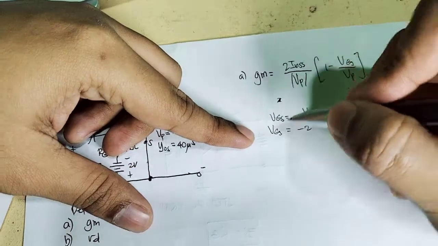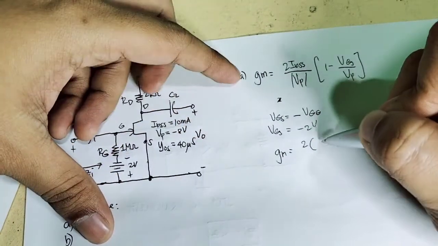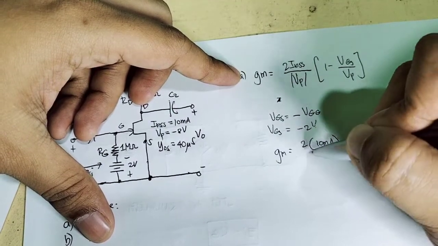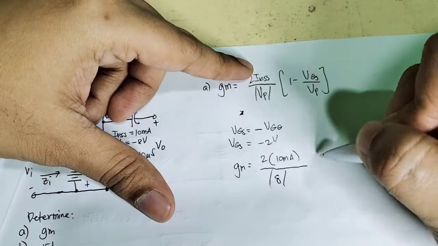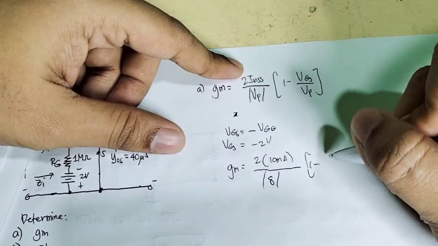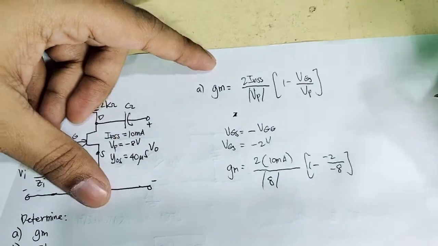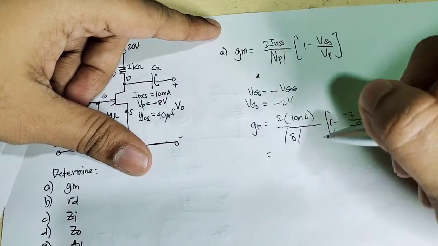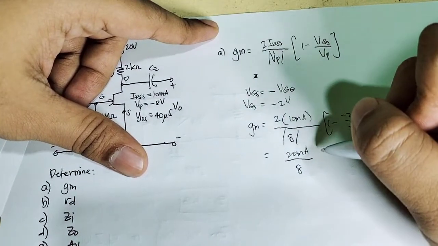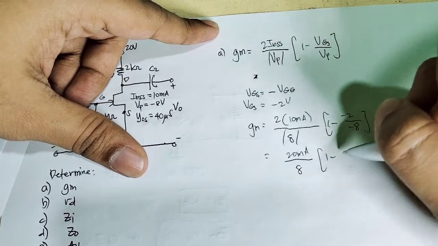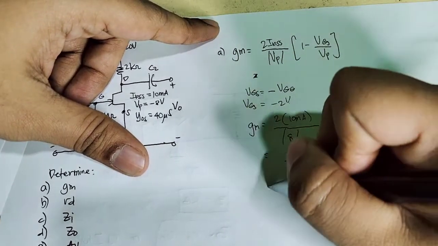So we can now calculate the transconductance: 2 times 10 milliamps divided by 8, times 1 minus negative 2 over VP, which is negative 8. So this is 20 milliamps divided by 8, and then 1 minus. Use your calculator.